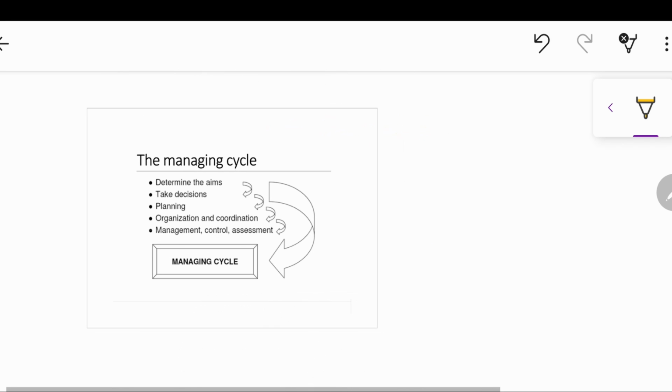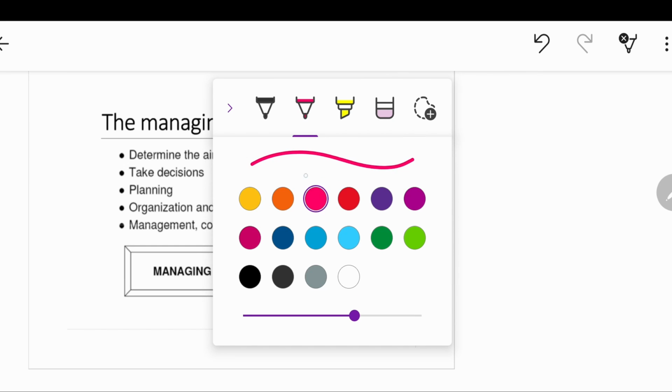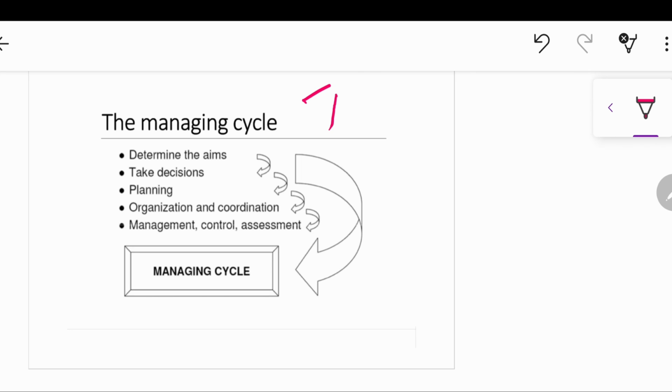Now, the managing cycle. How should a manager think, or what should be the mentality of making decisions?